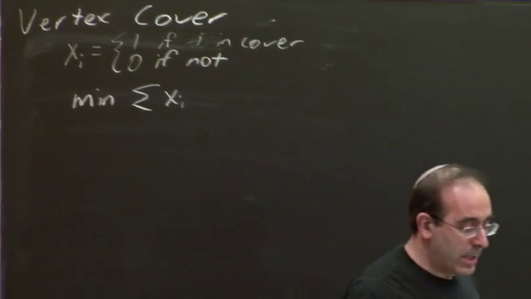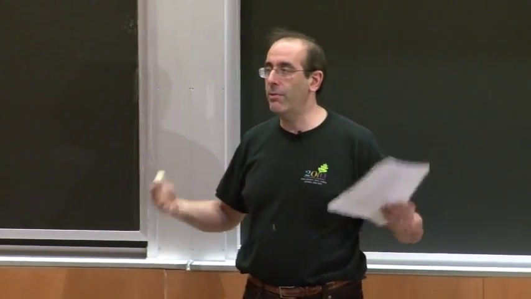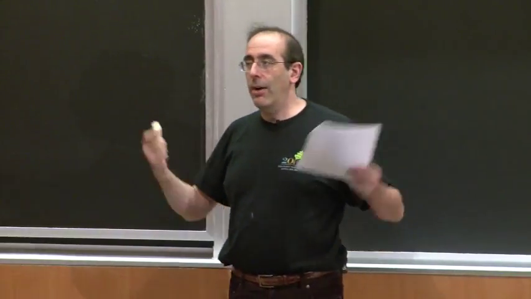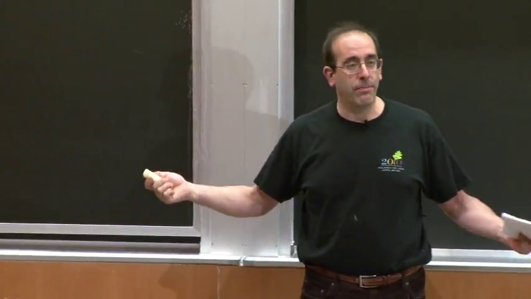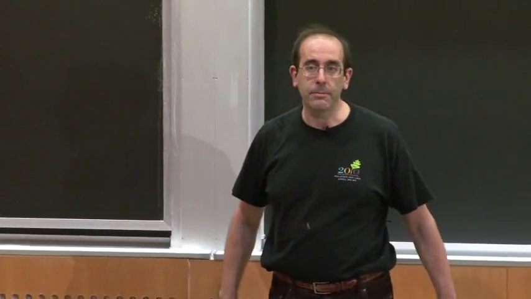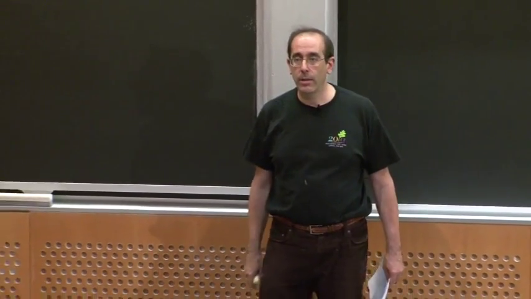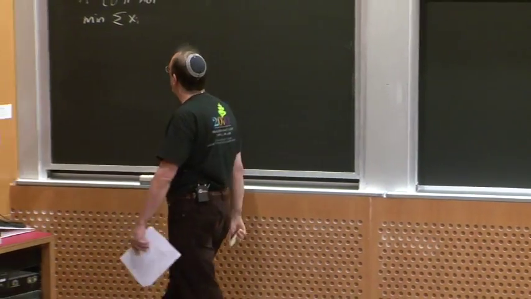But now I have these constraints that I want to cover every edge. So at least one of the endpoints of each edge has to be chosen. How can I write down that constraint mathematically? For all ij in the edge set, xi plus xj is greater than or equal to 1.